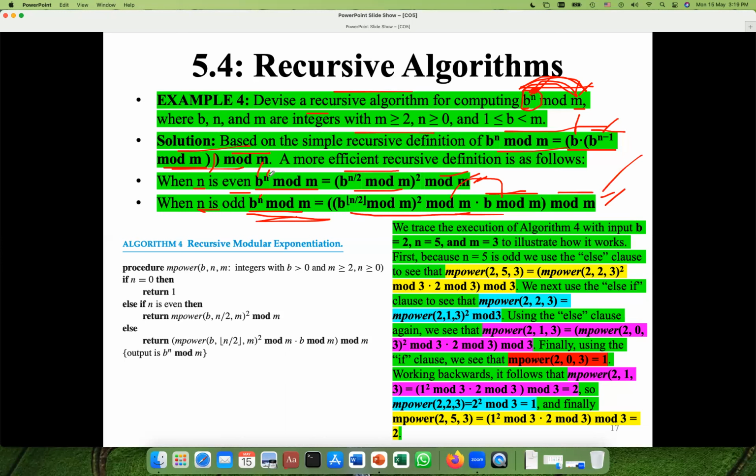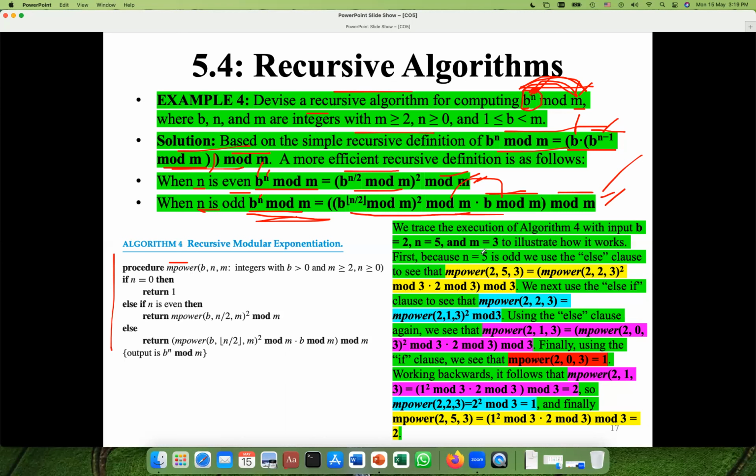Now you can use these in the formula, and then we will take some number and see how it evaluates, and then you will get the complete understanding. So this is the recursive formula for the computation of b raised power n mod m, and the name of the procedure is mpower, and we give b, n, and m as integers, with conditions b greater than 0, m greater than or equal to 0, and n greater than or equal to 0.